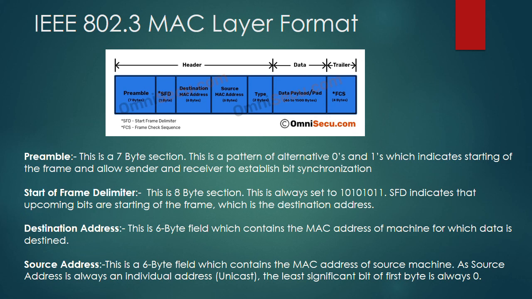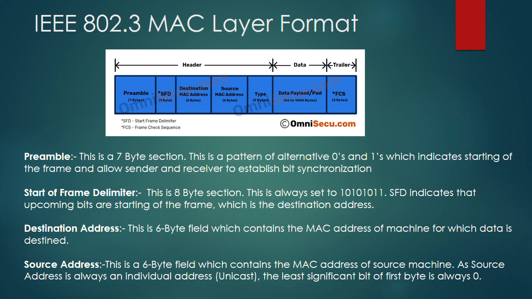The destination address contains the MAC address of the machine for which the data is destined. The source address, again a 6-byte field, contains the MAC address of the source machine. The source address is always an individual address.